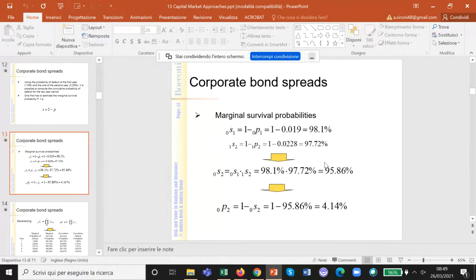So in 2 years, the survival will be 95.86%. Based on that, we can compute the cumulative probability of default after 2 years, which is just the difference between 1 and the survival probability.